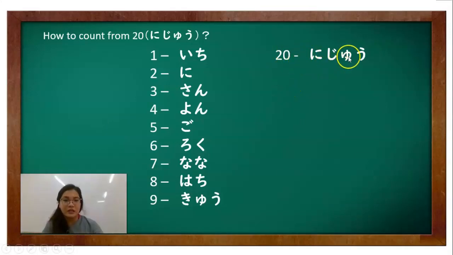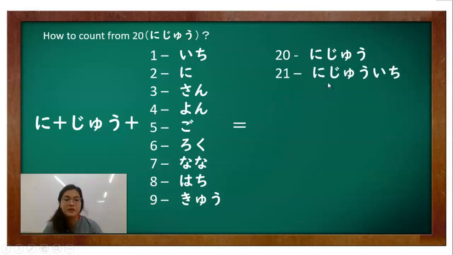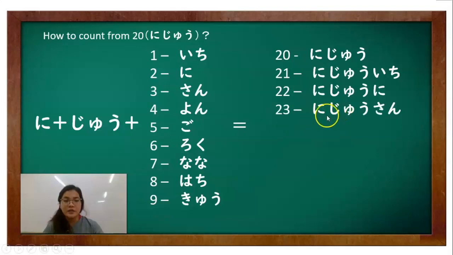To make it 21, ni ju plus 1 is ni ju ichi. 22 is ni ju plus ni, which equals ni ju ni. Next, 23 is ni ju plus san, which equals ni ju san.